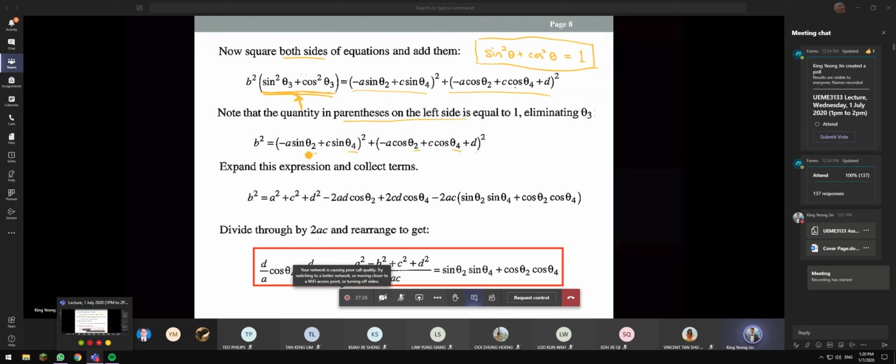Normally theta 2 is given, so then we can actually find theta 4, or depending on which parameter is given. Most of the time in this kind of question, we will give you the information of the crank and the length of the rocker. Then you have to find the so-called angle of the rocker or the link, okay?